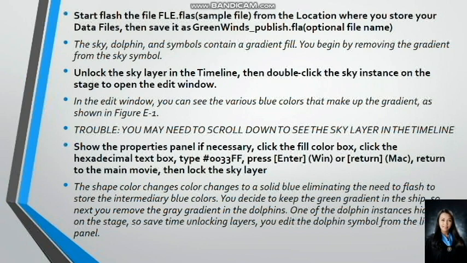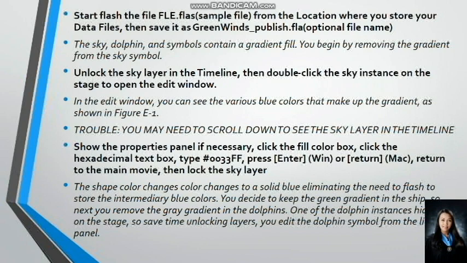You decide to keep the green gradient in the shape, so next is to remove the gradient. So if you have your object, before you optimize it, of course, you need to change or remove the gradient color to help reduce the file size.